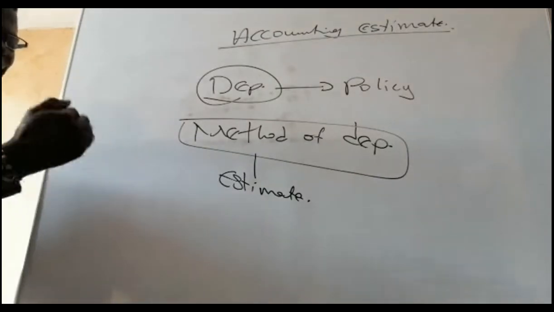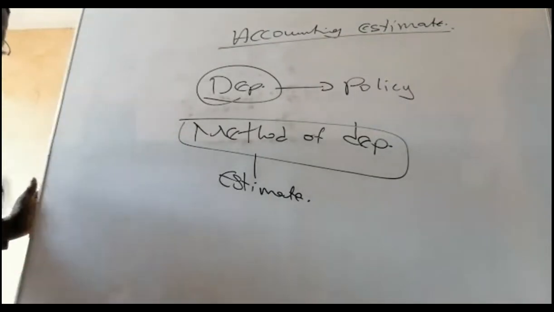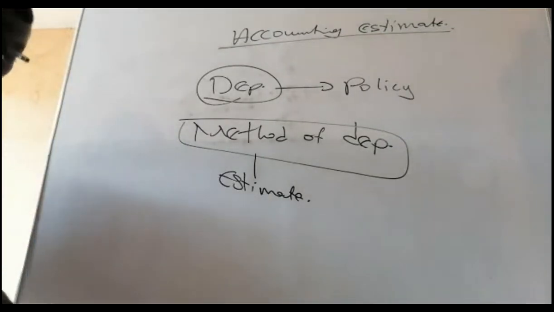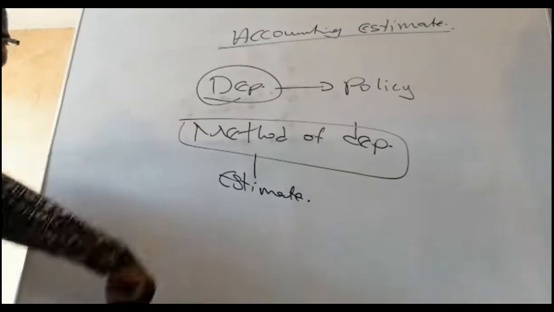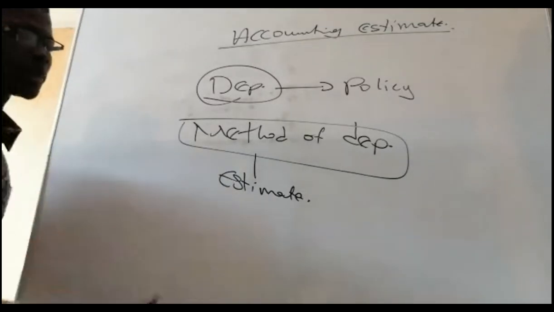Anytime you are estimating or determining an unknown amount, like if you've been asked to tell us the marks that you are going to score in exams. If I ask you, please tell me the marks that you are going to score in the exam, it's unknown. So such an amount must be estimated. How to get it? Good. So that's an estimate.